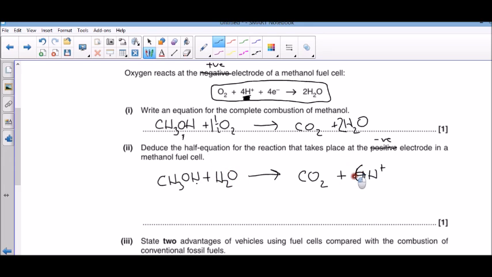So I'm now going to make this into a 6. And then that looks balanced to me in terms of atoms. So I've got 6 hydrogens, 2 oxygens and 1 carbon. And then I'm going to need to add some electrons. So if I look, this side is neutral, this side's got 6 positives, so I'm going to need 6 negative electrons to bring that back to being neutral.